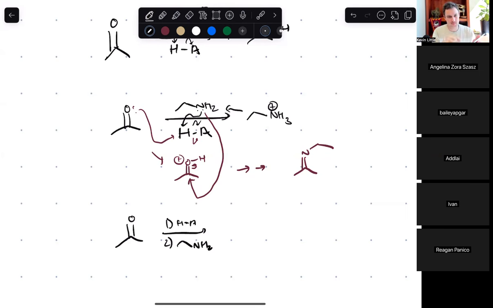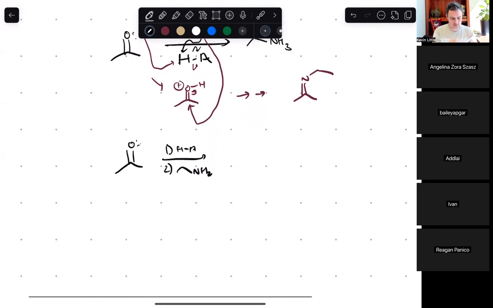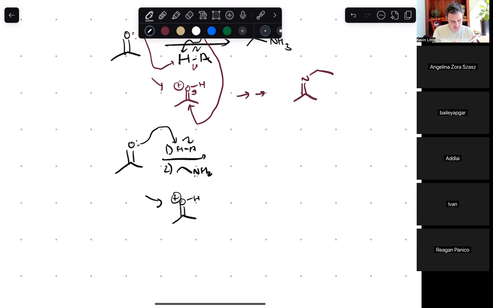This is the question: why don't we just do this? And then this can attack. You can do that. The problem is that this can still do this. You still kind of can end up with the same thing. It doesn't really solve the problem.